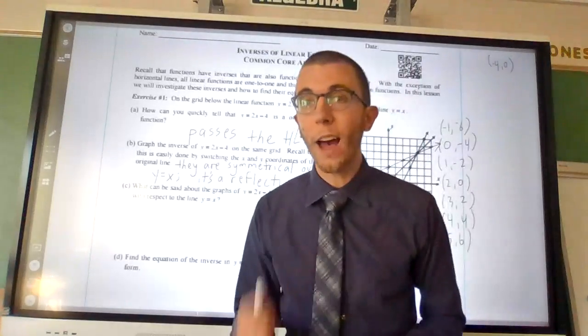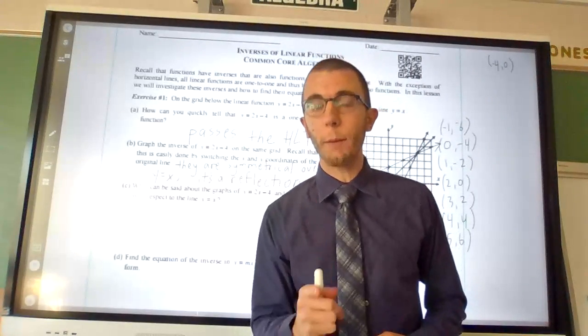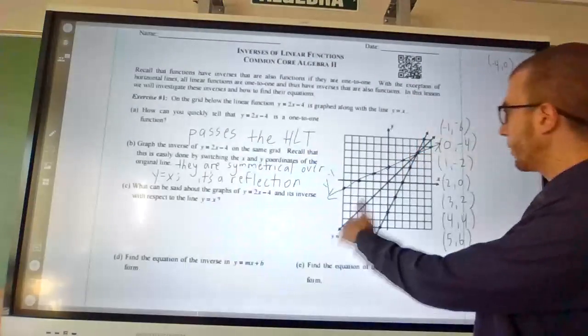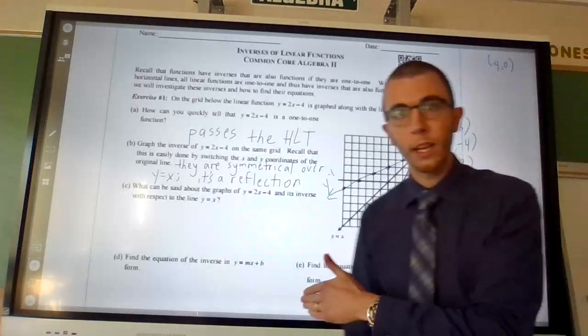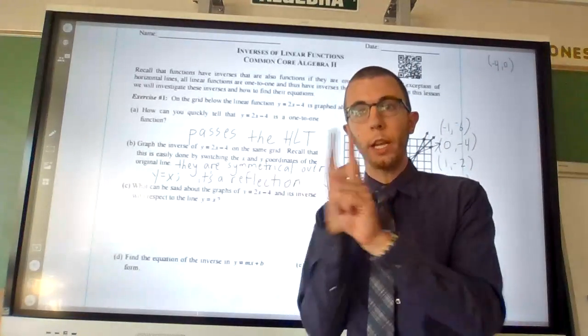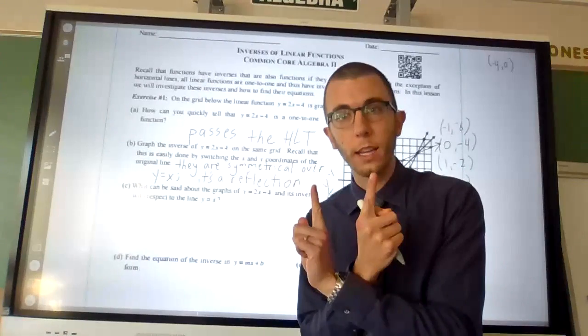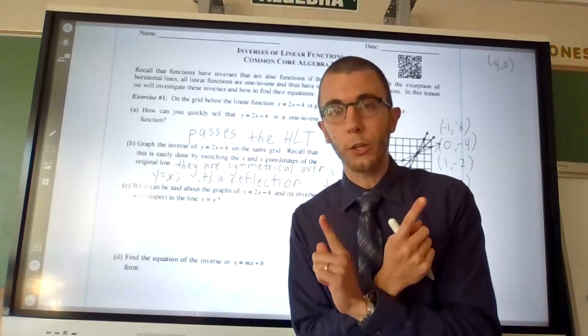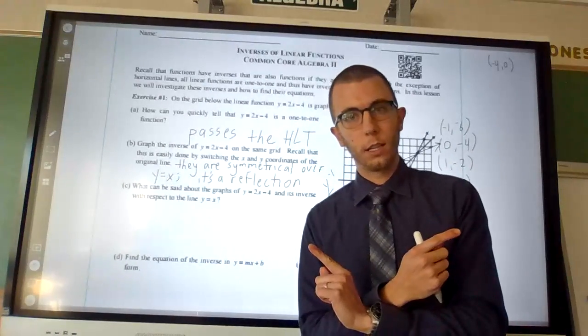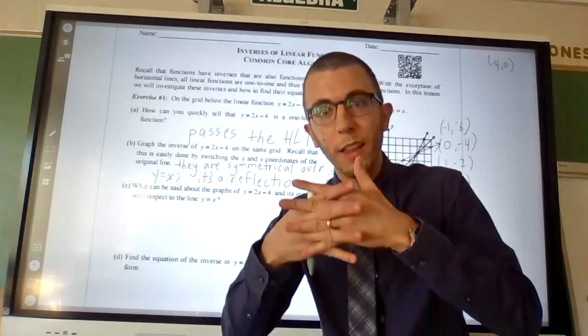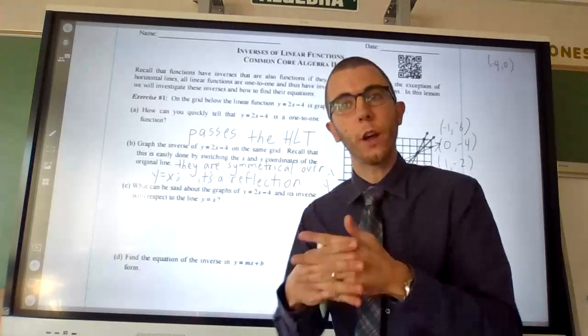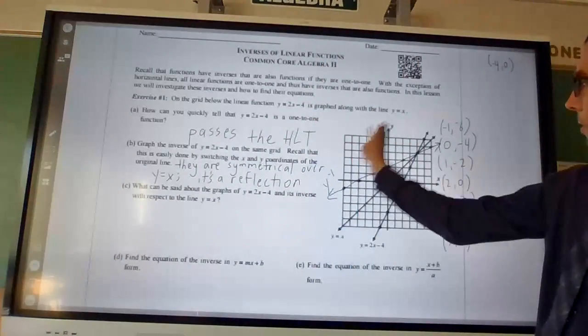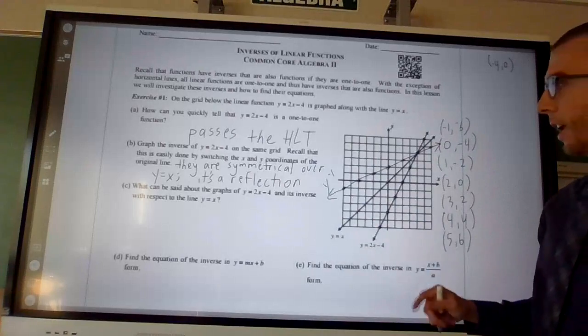And if anybody out there can recall from geometry, a reflection over this line y equals x has the effect of switching the x and the y, which is what we've been learning about inverses all along. Okay, so there's a connection there to geometry. That's good stuff. The reflection over that line switches x and y.